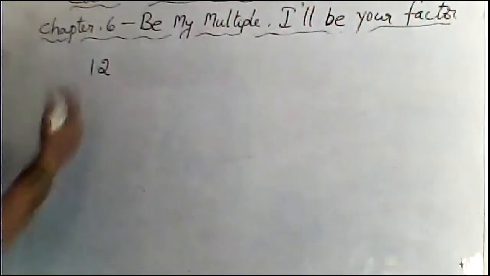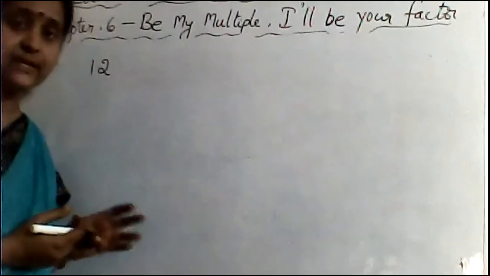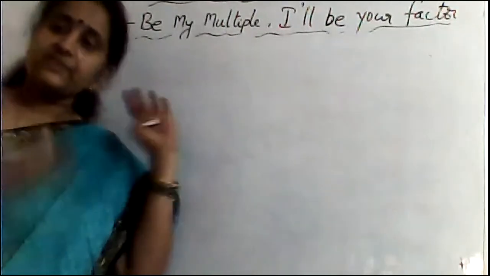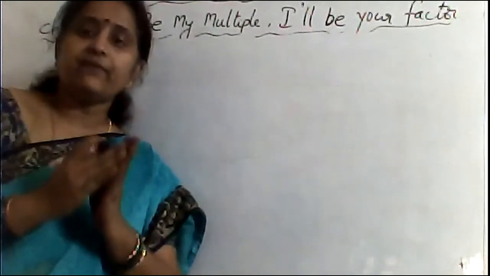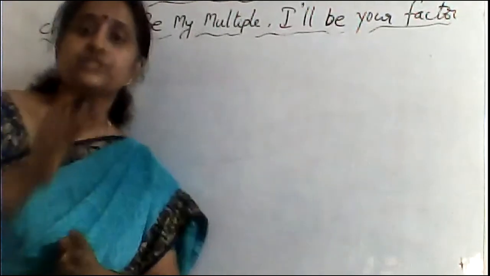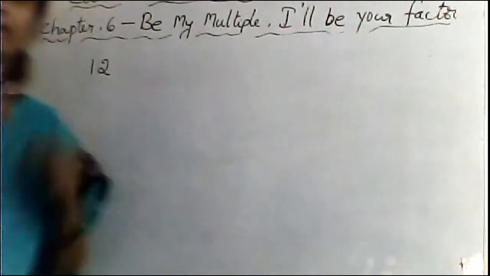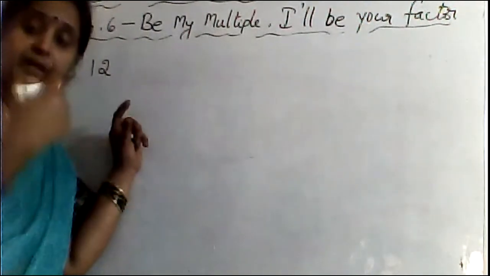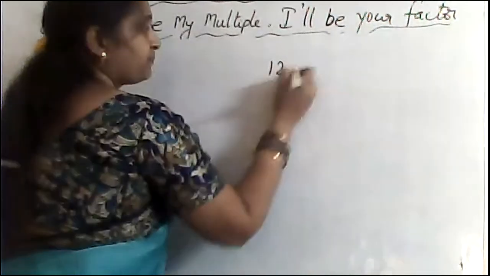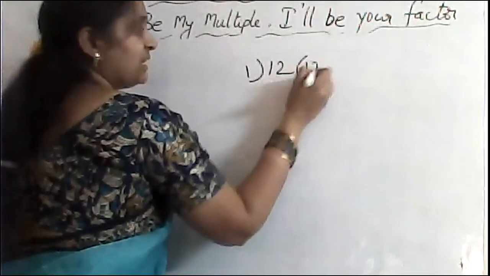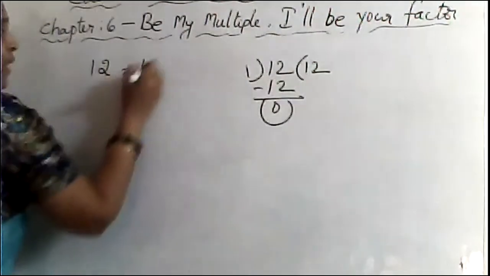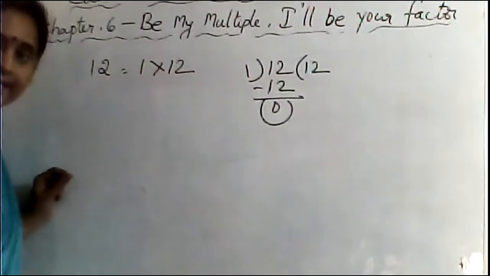When I am going to find the factors, factor means when we are dividing this number with any number, it should divide exactly, leaving remainder 0. So when you divide this number with any number, the remainder should be 0. So 12. 1 12s are 12, so 1 into 12. 1 is a factor here.